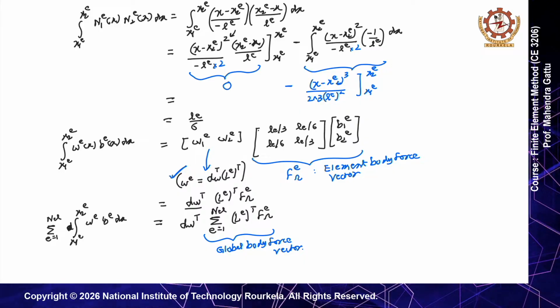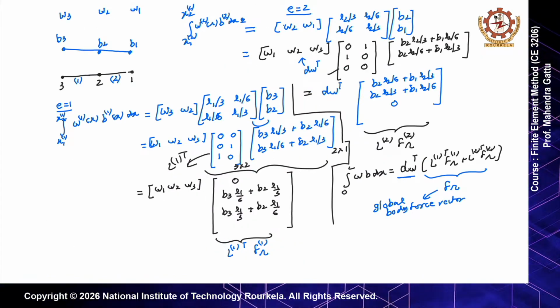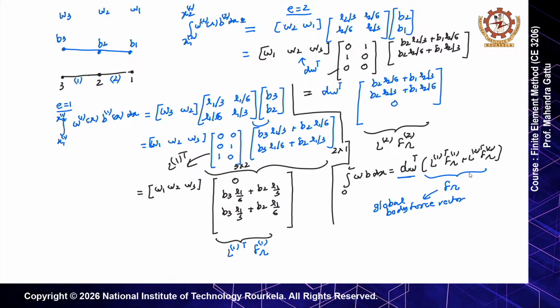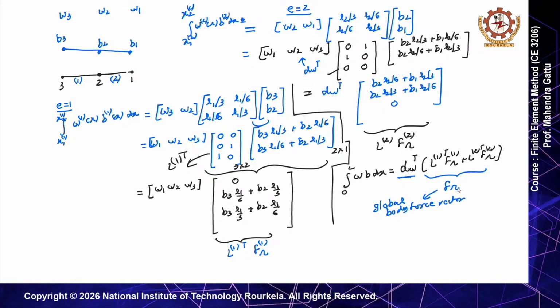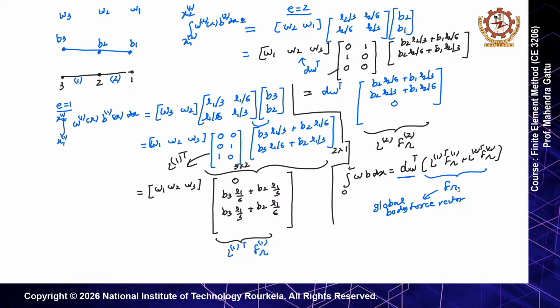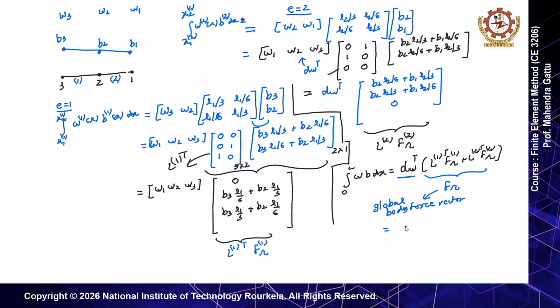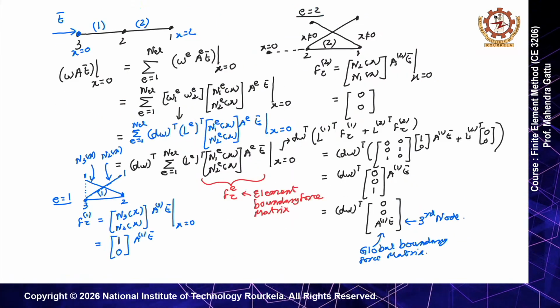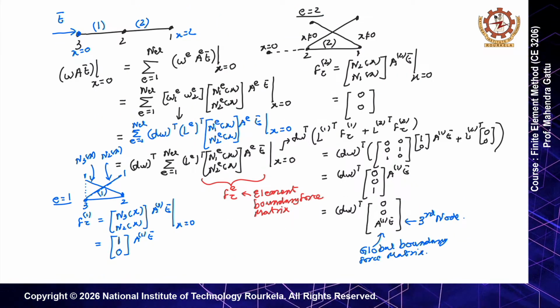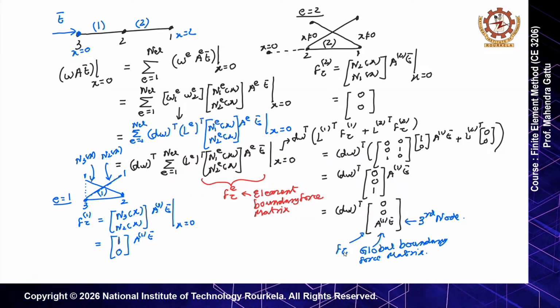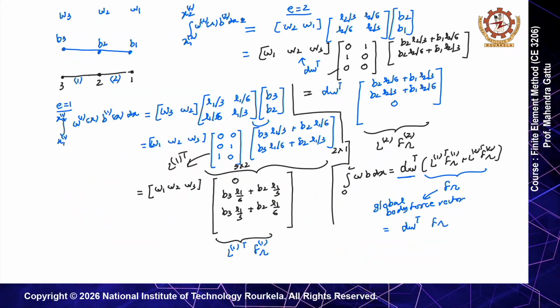And then the second term we will get a summation of these 2 terms. So, you will get F global vector, which is a 3 by 1 matrix multiplied by dW transpose. And the fourth term we are getting, let us call this F tau global boundary force matrix. So, I am summarizing all these things now.